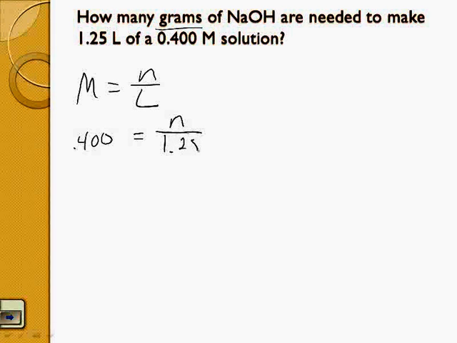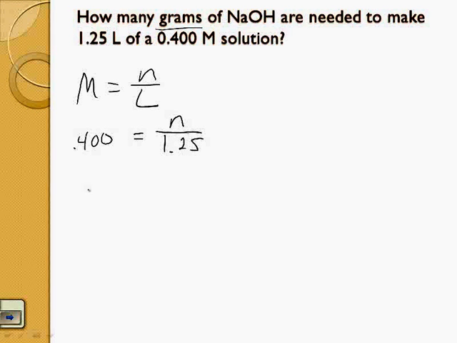Here we're asked how many grams of sodium hydroxide are needed to make 1.25 liters of a 0.4 molar solution. So let's take a look. We got the formula. Big M is moles over liters. We're asked for grams. Well, let's fill in what we know. We know the molarity is 0.400. We don't know moles, but we do know liters, 1.25.